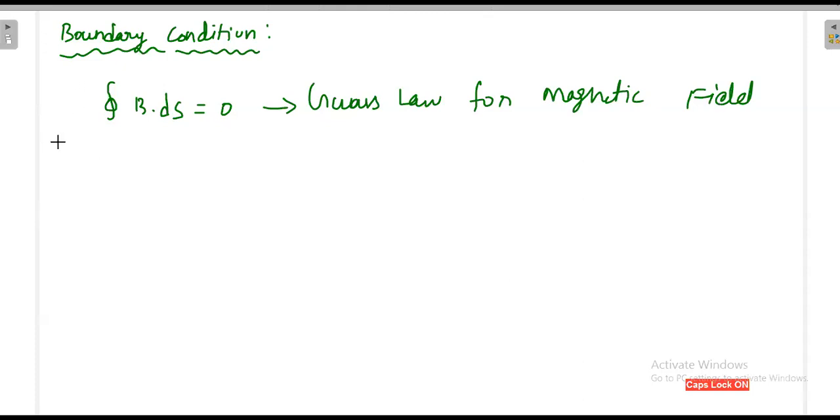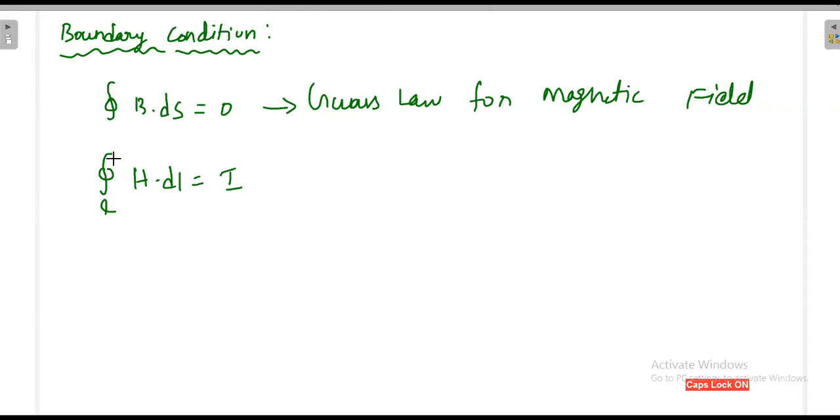One more formula we have seen is Ampere's law, the closed line integral of H dot dl is equal to I. The word closed is very important. In the exam they will confuse you by giving an open line integral and also a closed line integral. You have to choose the closed line integral, then only can you form some surface.